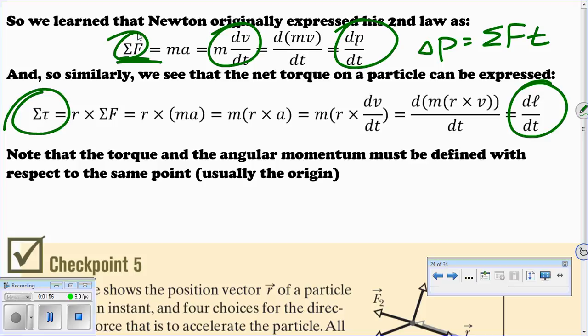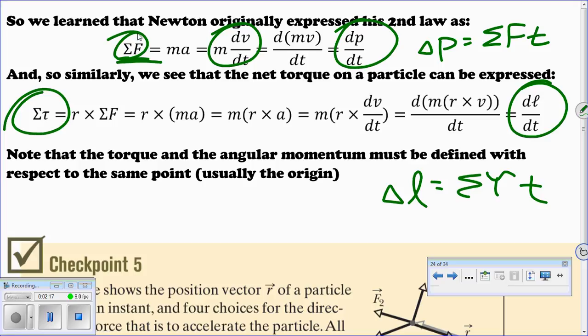In other words, if you're pushing something forwards, then the momentum is going to change in that direction. Follow? All right, so similarly, we can rewrite this equation for angular values, and we get that our change in angular momentum is equal to net torque times time.